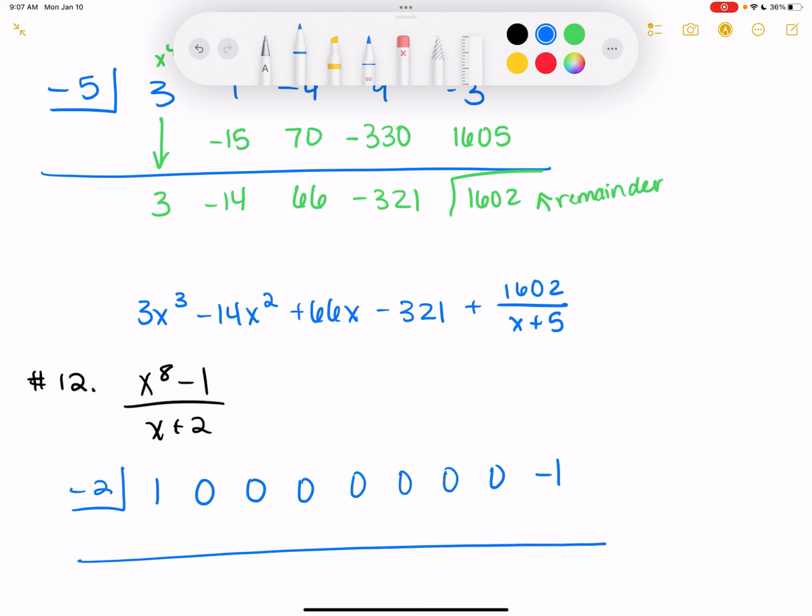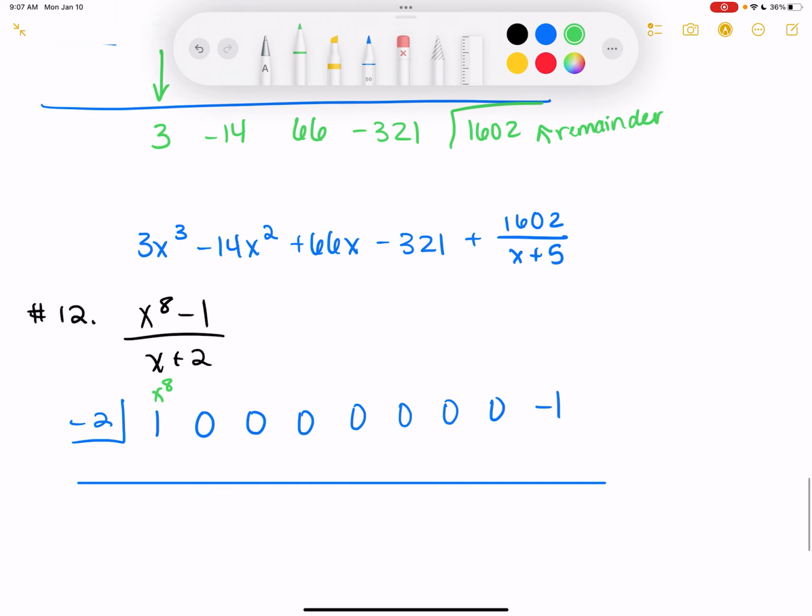It wouldn't be hard, it follows the same procedure. This is where it'd be really important to remember what term you start with. So you would just start like normal, bring down the 1, it's negative 2, bring down the negative 2, that would be 4. And you just keep going all the way down until you get all the way across, and so on and so forth, and then you get an answer.